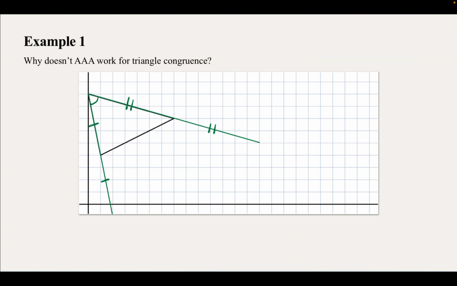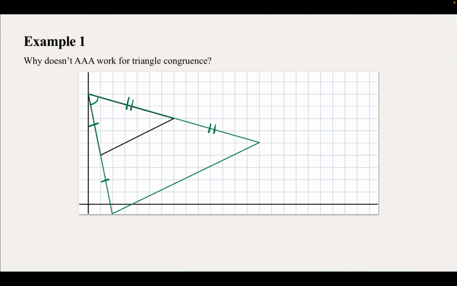But so far, this angle measure is not changed. It's still the same. I'm going to connect these two. And it just so happens that this third side, right here, and this third side, these are parallel.